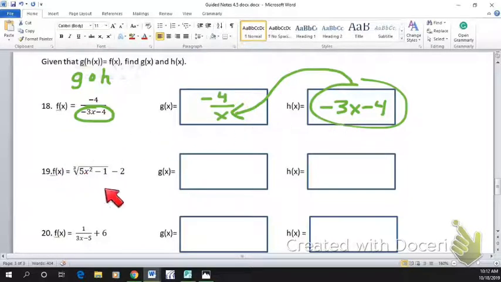So like when I look at this one, I'm seeing a cube root function, but inside the cube root function is a quadratic, right? So if I can think about taking this quadratic out of it and putting it over here, then I could plug that quadratic into the cube root. So your h would equal 5x squared minus 1. And then this is going to be the cube root of x minus 2.